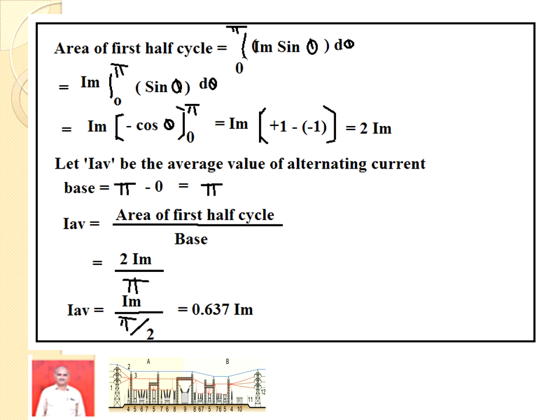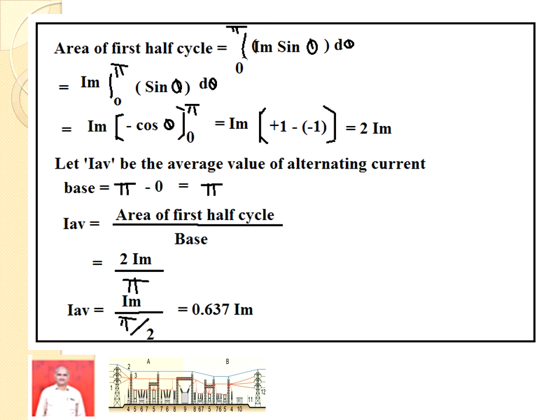Let I average be the average value of sinusoidal varying alternating current. What is the base? Base we have considered for half cycle, pi minus 0, finally it is equal to pi. So, average value of an alternating current equals area of first half cycle divided by base. Area of first half cycle is 2 Im, base is pi.